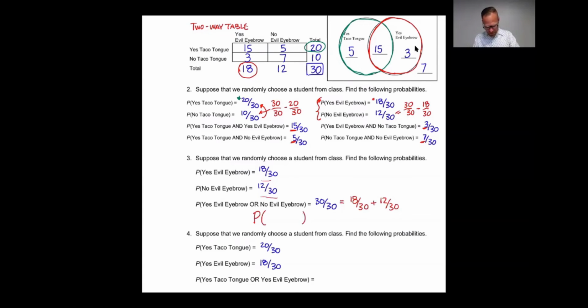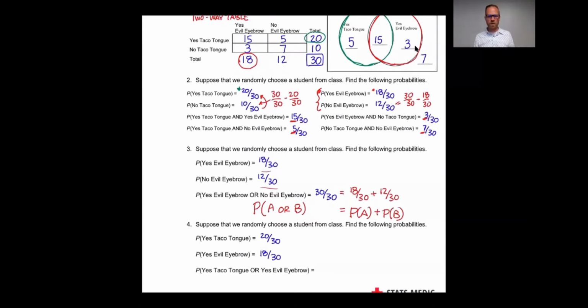The probability of 2 events, A or B. So A would be yes, evil eyebrow, B would be no evil eyebrow. And what we're seeing over here is that to find the probability of A or B, we just have to take the probability of A and add to it the probability of B. Pretty straightforward formula.